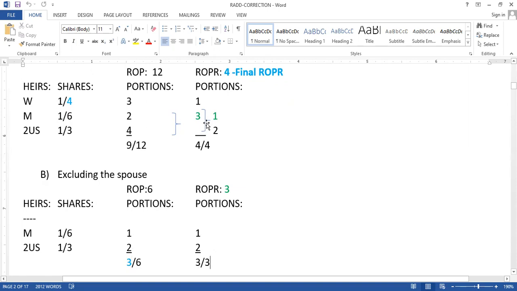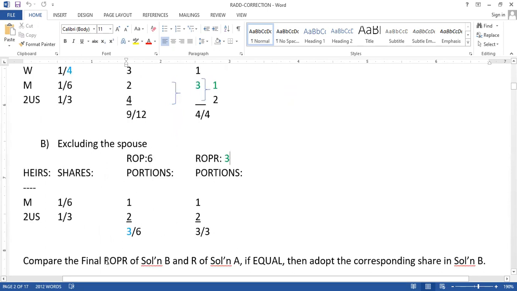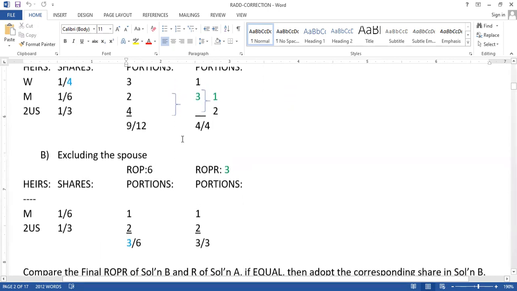Now, kung mapapansin ninyo, yung 3 dito na residue natin at saka yung 3 dito na ROPR natin ay magkapareho. So anong sabi ng rule? Compare the final ROPR of solution B and the residue of solution A. If equal, then adapt the corresponding share in solution B. So, yun nga.